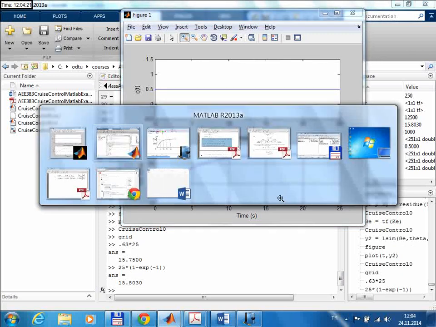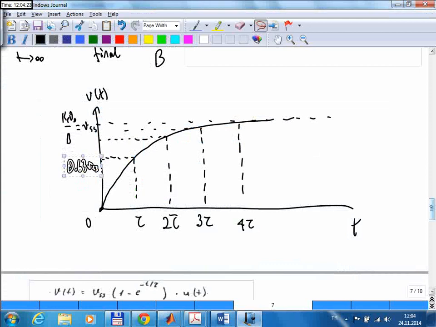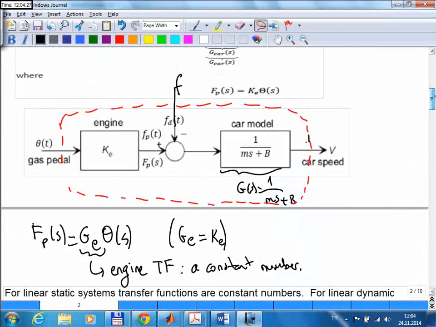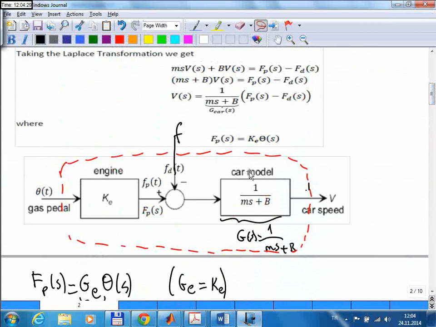So let's go back to the beginning of the lecture. So it's a very simple block diagram with only 2 blocks. In fact, one of the blocks has a first order transfer function. The other block is just a constant number. So from here we obtain the overall transfer function as the multiplication of the 2.